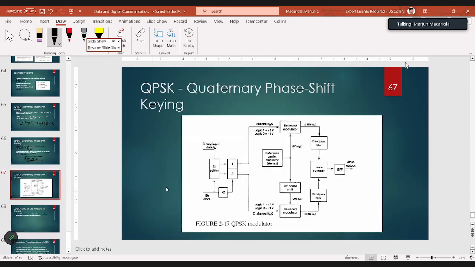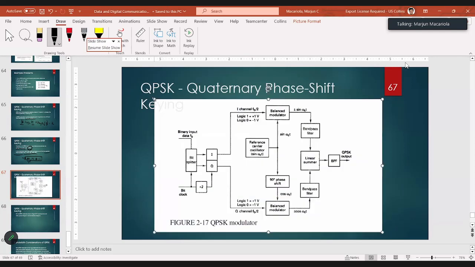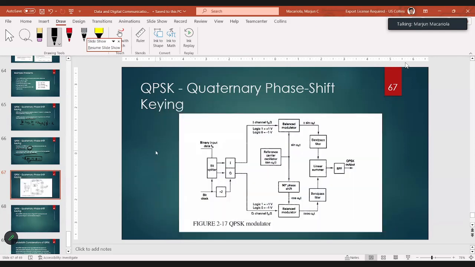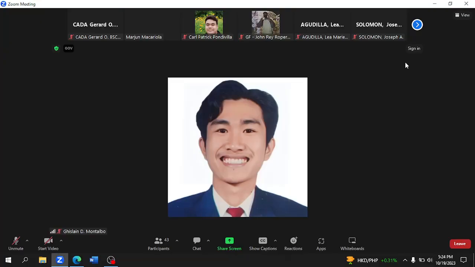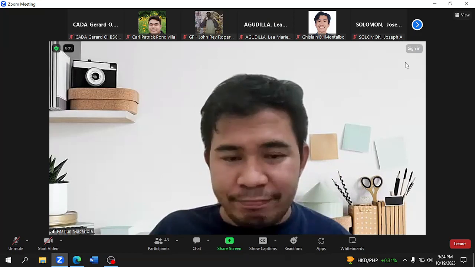Okay? So ito, picturean nyo na to kasi habang nagsasagot tayo, babalikan natin ito. Picturean nyo, screenshot nyo, para habang nagsasagot tayo, pwede nyo siyang tignan. Okay? Napicturean na po ba? Yes po, sir. Okay, proceed tayo sa pagsosolve.